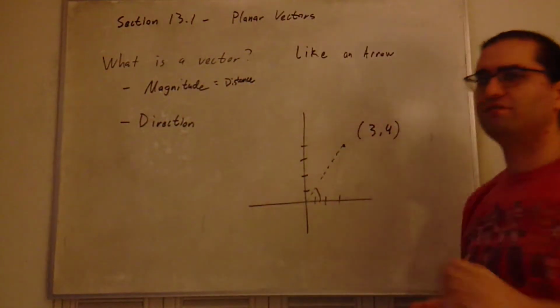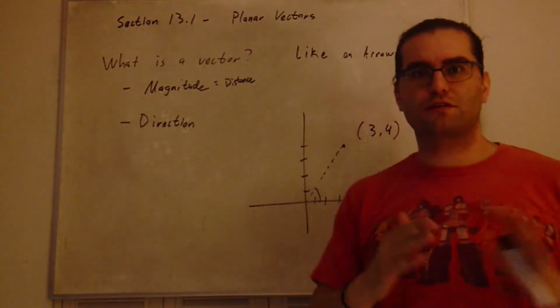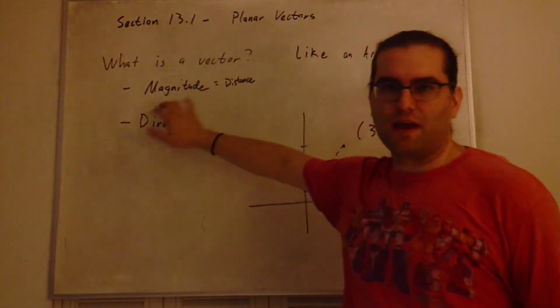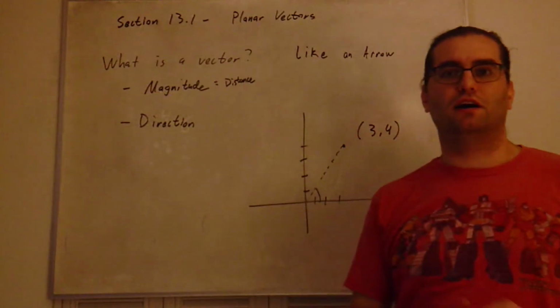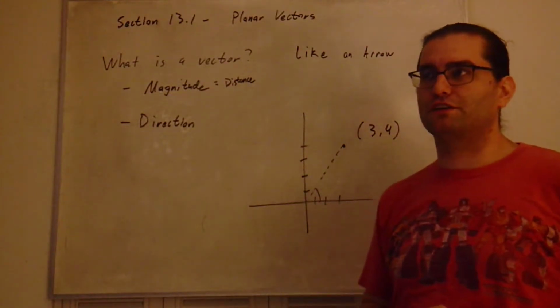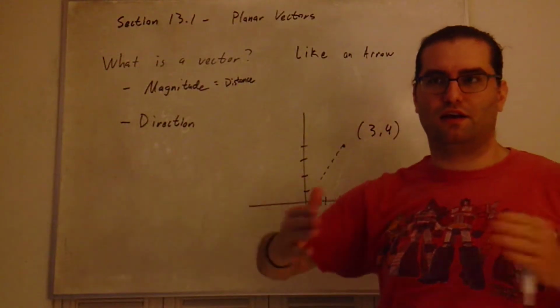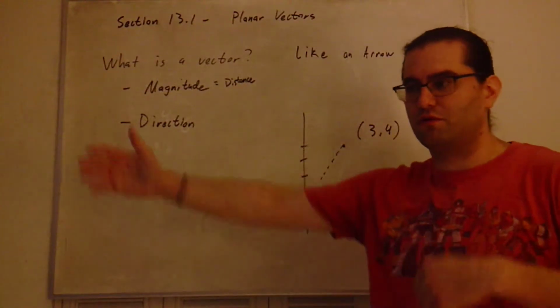And sometimes, if you're talking about a motion vector, it will literally be a distance. If you're talking about a force vector, that's when things like magnitude become the better word to use than distance. Because with a force vector, it's not actually a distance you're traveling, it's a quantity of force that you're putting in that direction.